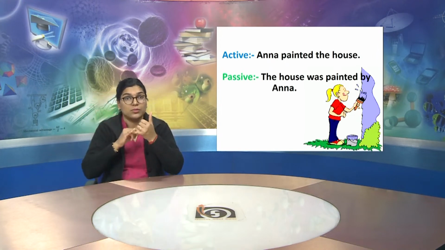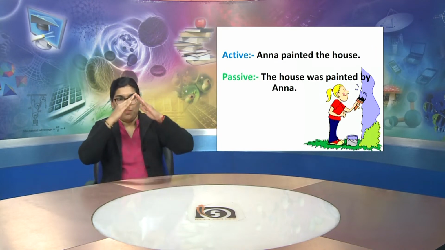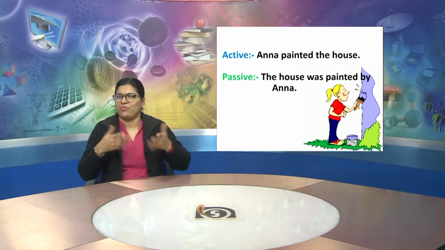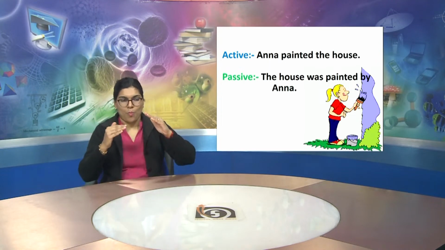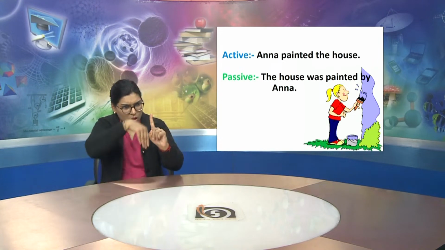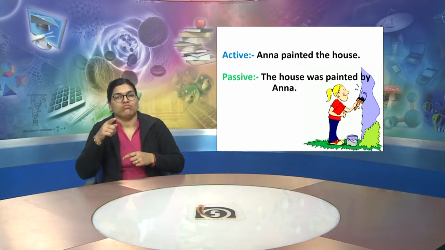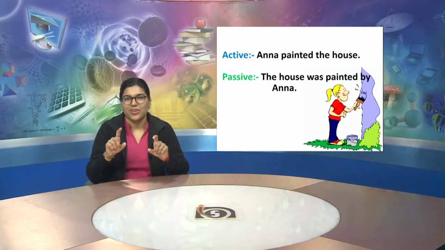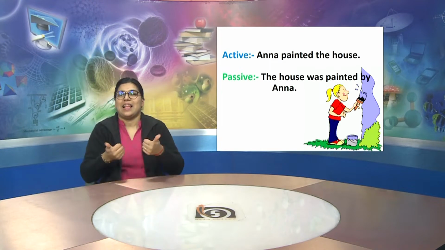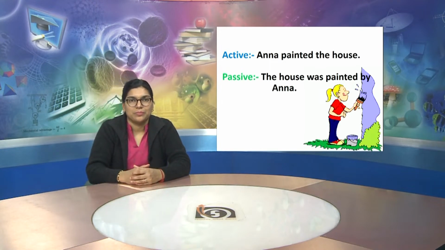Now in the passive statement, the house was painted by Anna. You can easily understand that the subject and the object has been interchanged here. You can easily understand the word by, how it is used here.